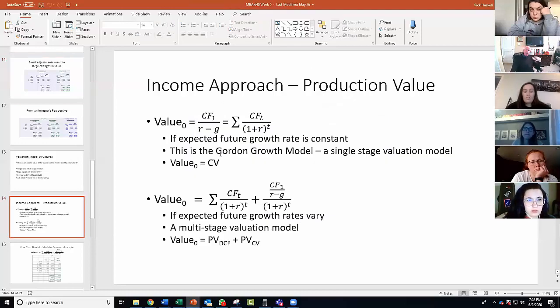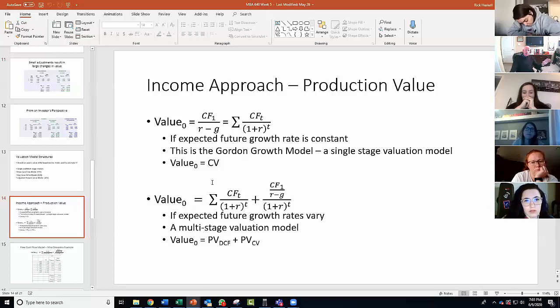So we have our single stage models, and that would be dependent upon growth being constant from this moment throughout all perpetuity. Kind of a broad brushstroke, right? Not very realistic. Even more broad than putting this Gordon growth model out 5 or 6 years and calling it our continuation.